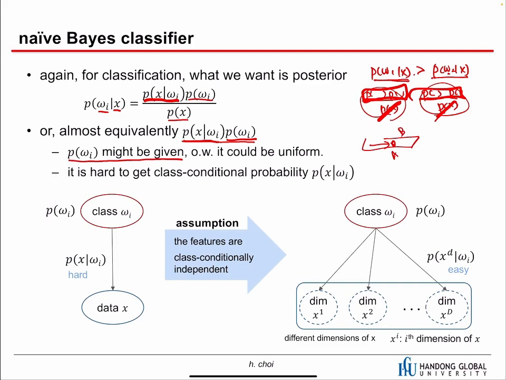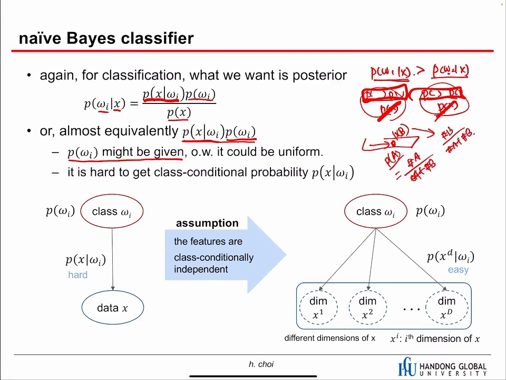Then P of omega i, the prior, is simply the probability of A and the probability of B. On this conveyor belt, how many A's do we usually have and how many B's? So P of A can be simply the number of A over the number of A plus the number of B, and P of B can be simply the number of B over the number of A plus the number of B.